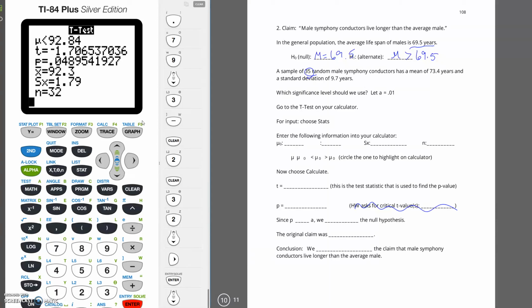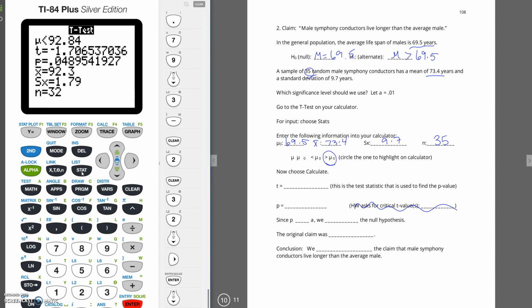So we're going to fill in here. Our mu here is 69.5. Our x bar is what comes from the sample, so 73.4. Our standard deviation is 9.7. And our n is how many were sampled, 35. And we want to show that it's greater than.